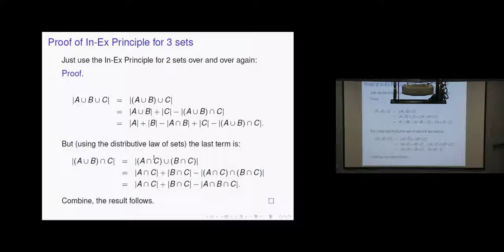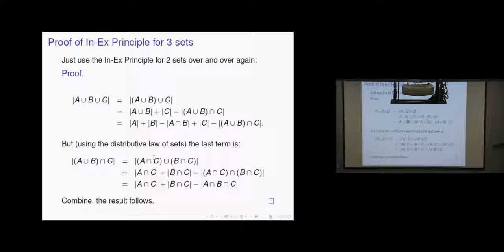Now this looks like a union again. So the size of the union is the size of the first set plus the size of the second set minus the intersection. Well, intersect C twice is the same as intersect C once, right?